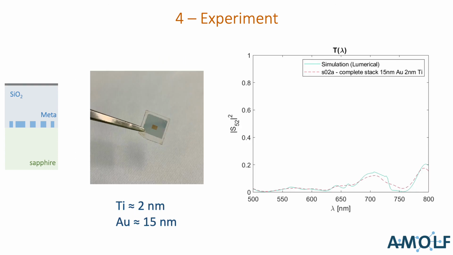Finally, the last step is to evaporate the semi-transparent mirror. So we use 15 nanometers of gold on 2 nanometers of titanium as an adhesion layer. And we measure again the transmission, again showing a good match between simulation and experiment.